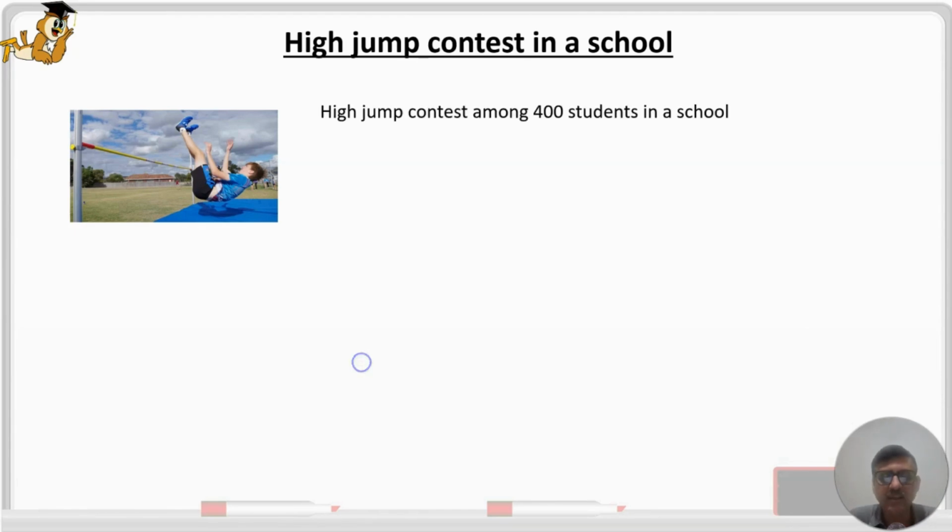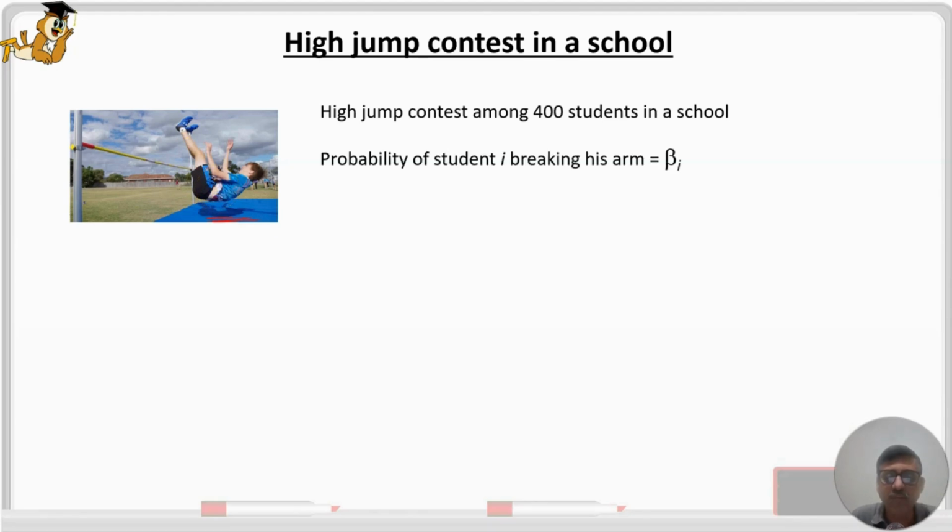Let us say there is a school in which the PT, the physical training instructor, decides to conduct a high jump contest among 400 students of that school. He puts a bar like this, a high jump bar, and students jump one after another, and there is a mattress or some sort of cushion kept on the other side, and students land on that cushion.